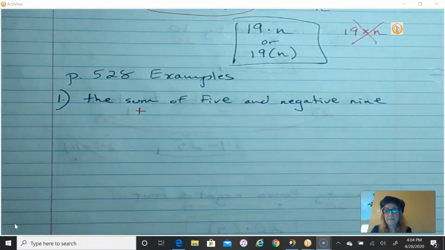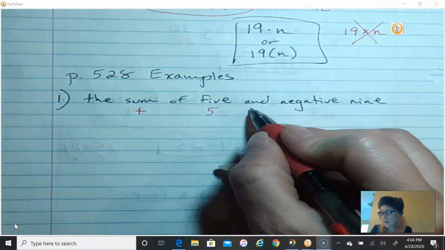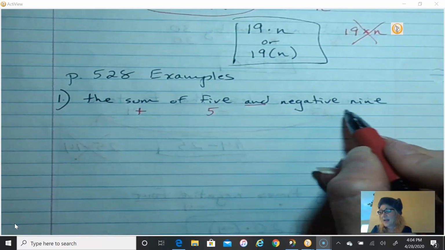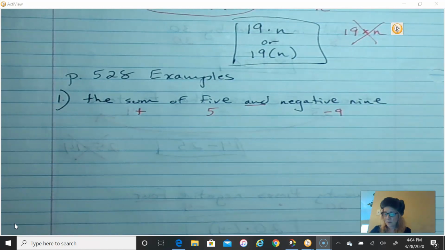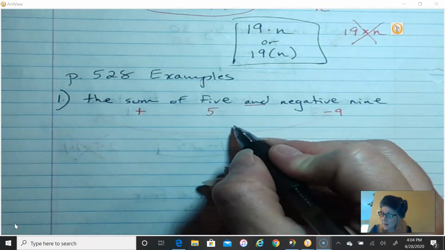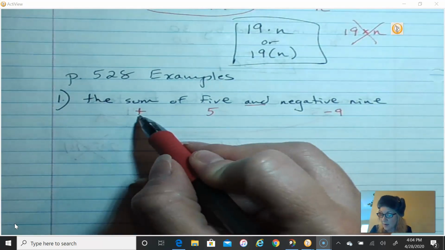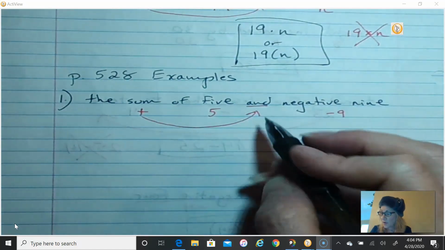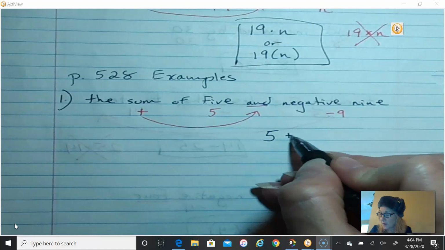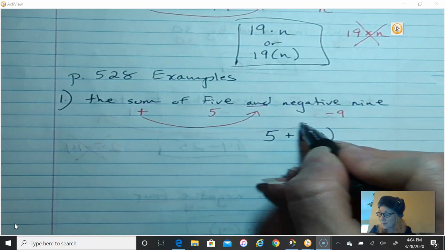Sum, you're adding 5 and then negative 9 is negative 9. So then you would write it as, and oh, that's right, I forgot, that plus goes right here where the and is. So your answer is 5 plus negative 9.